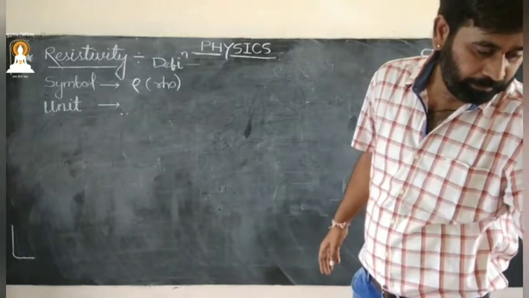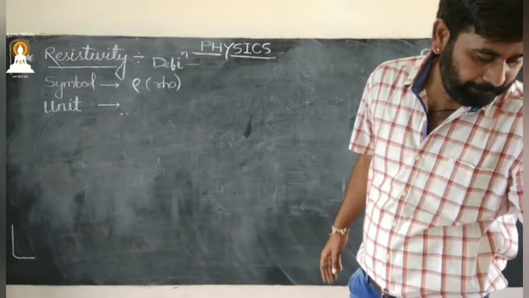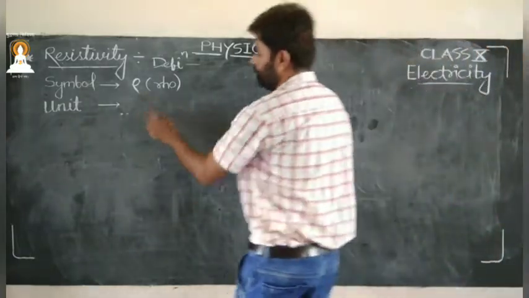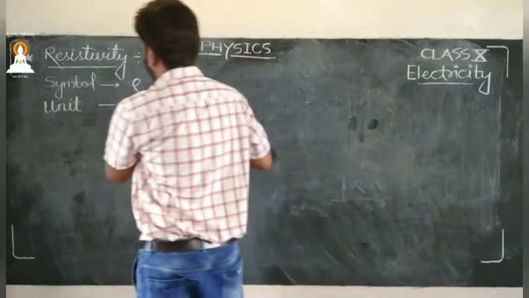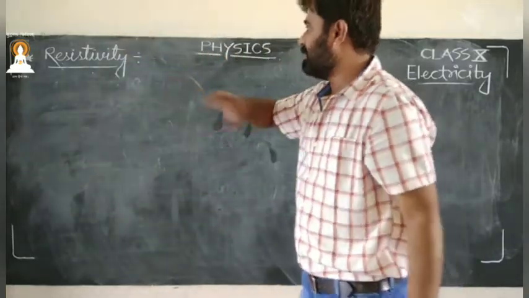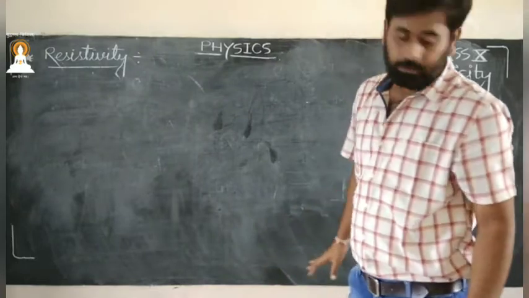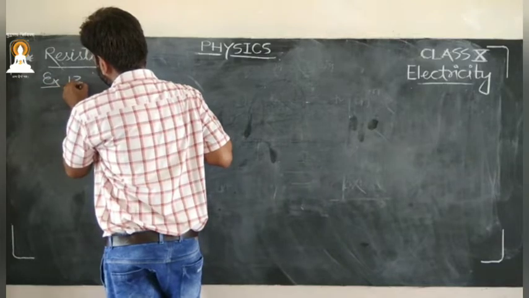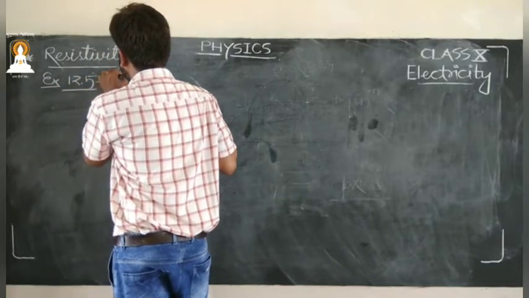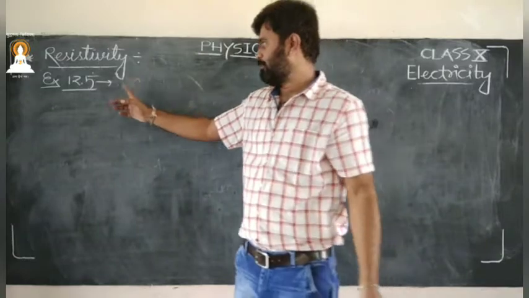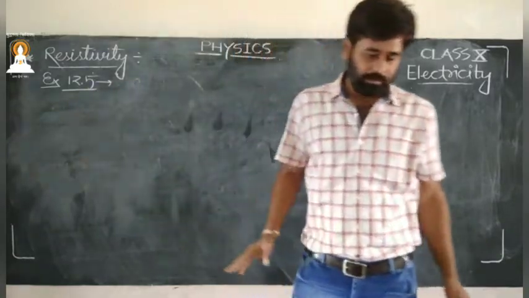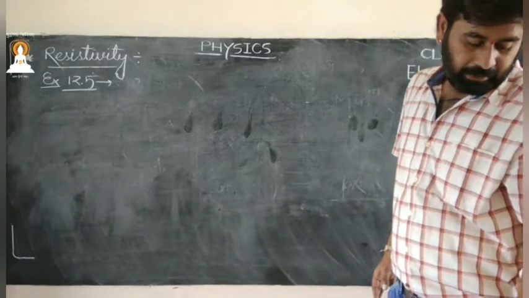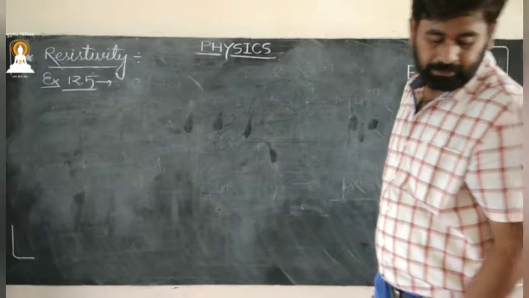So let us take a simple example based on resistivity, example number 12.5. There is a concept in this example, so listen and understand it properly. The resistance of a metal wire of length 1 meter is 26 ohm at 20 degrees Celsius.